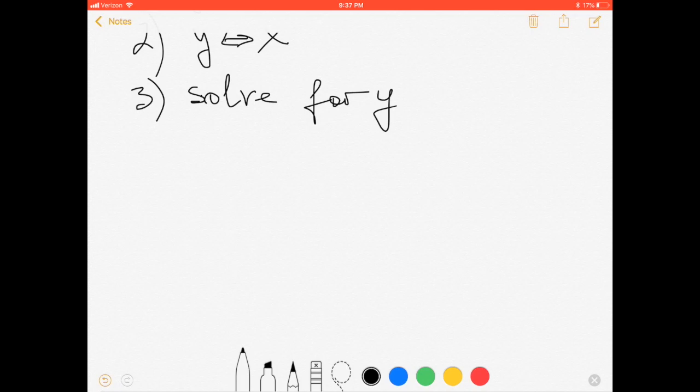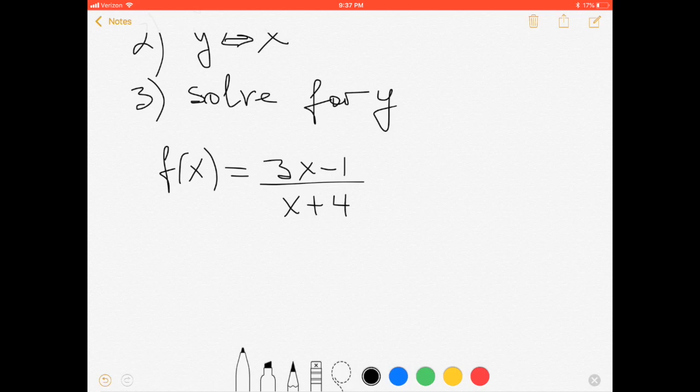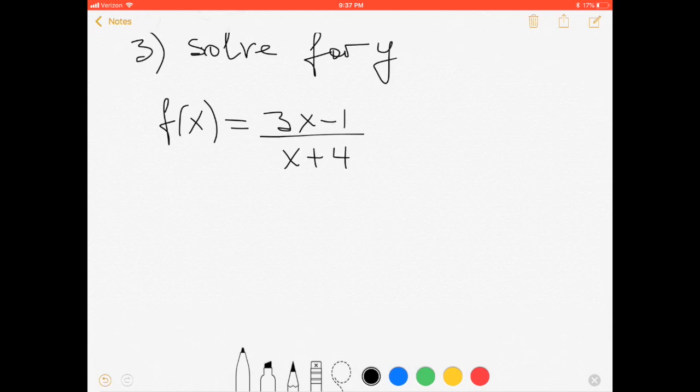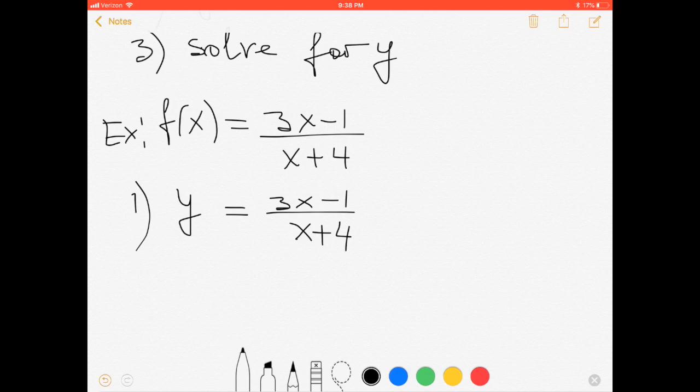For example, I give you the function f(x) equals 3x minus 1 over x plus 4. First step: y equals 3x minus 1 over x plus 4.